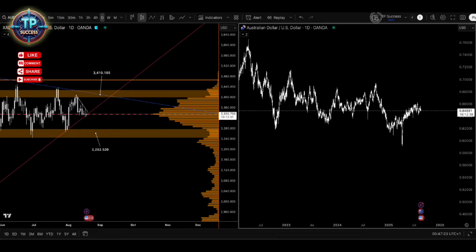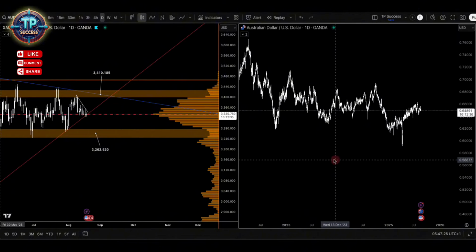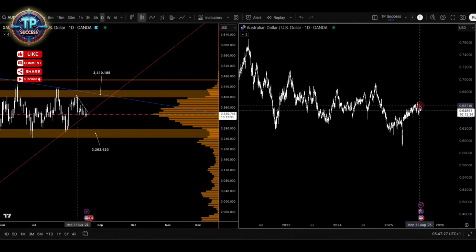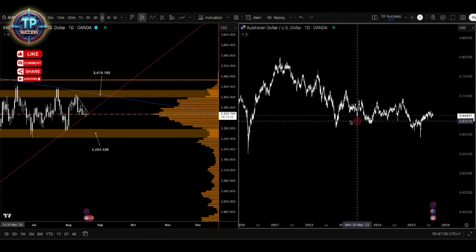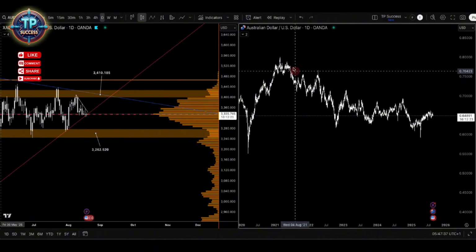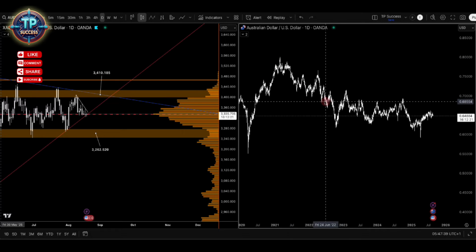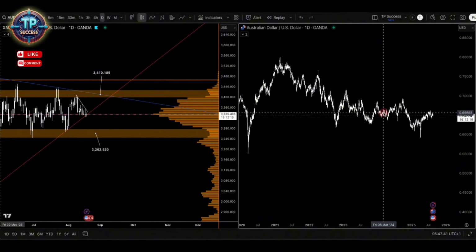We're looking at this on the day. And what we can see is there isn't really much of a correlation. It's a loose correlation that we have between the Australian dollar and gold right now.